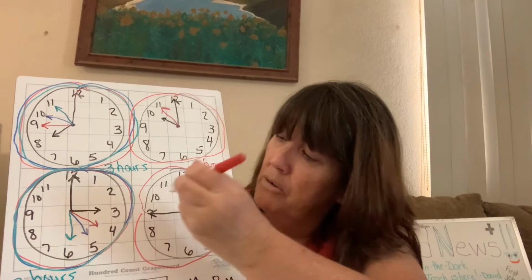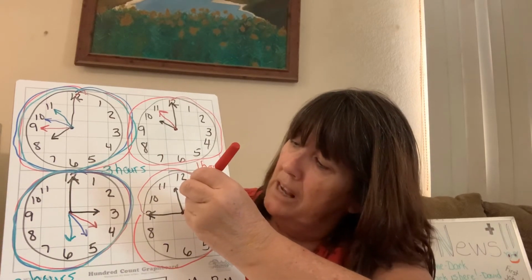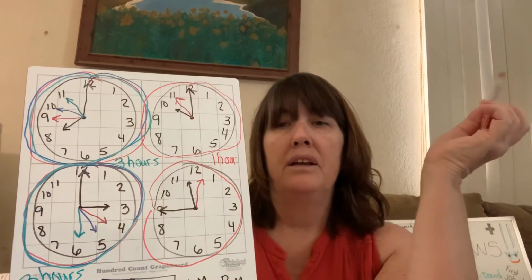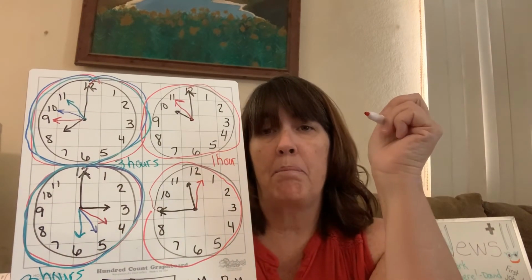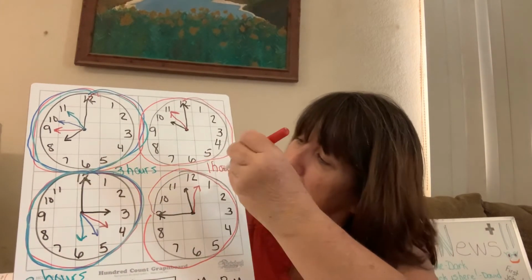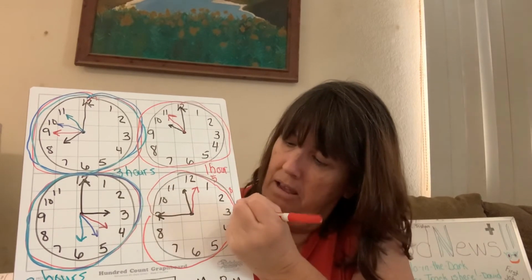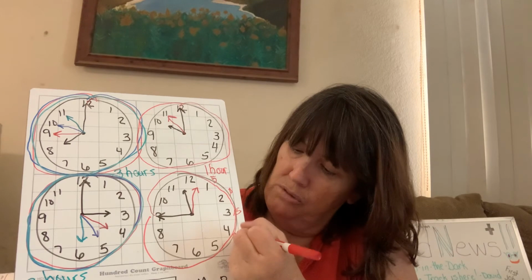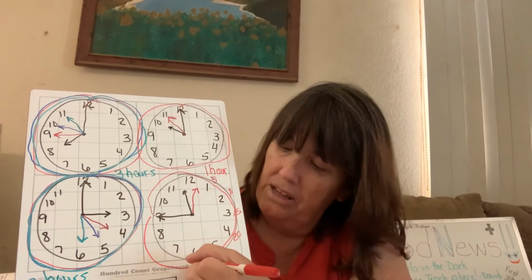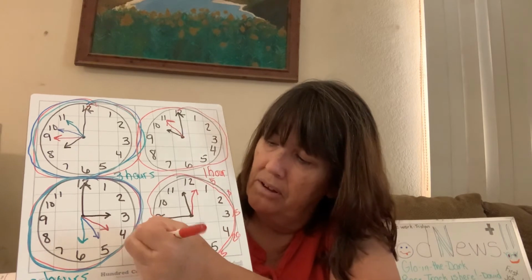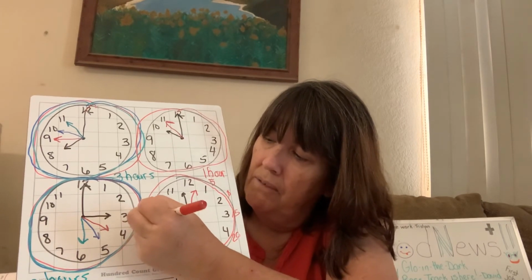Okay, we've hit our hour, but our hour hand is going to go in between the 12 and the 1. So what time is it now? We're still at, right, 5, 10, 15, 20, 25, 30, 35, 40, 45.